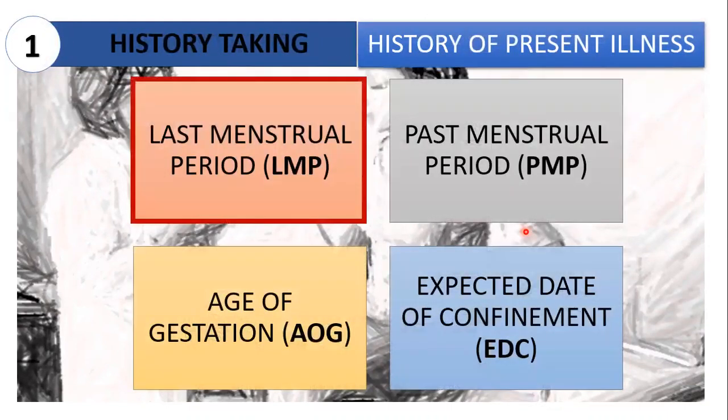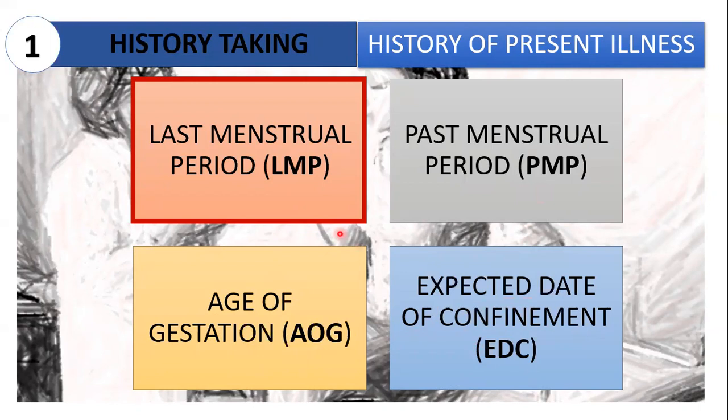As for HPI, these four components should be included: the last menstrual period or the LMP, the past menstrual period or the PMP, the age of gestation or AOG, and the expected date of confinement or EDC.